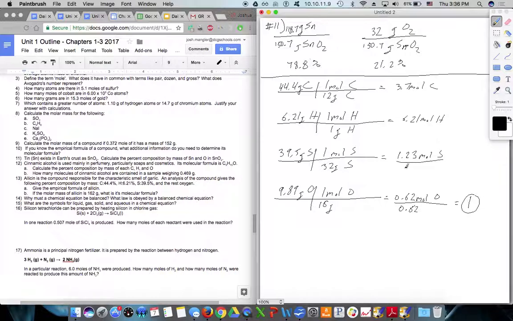We do that to each thing, so we maintain the ratio.